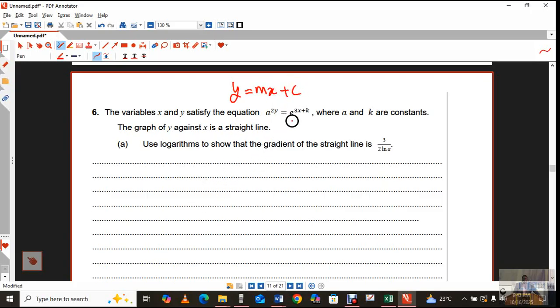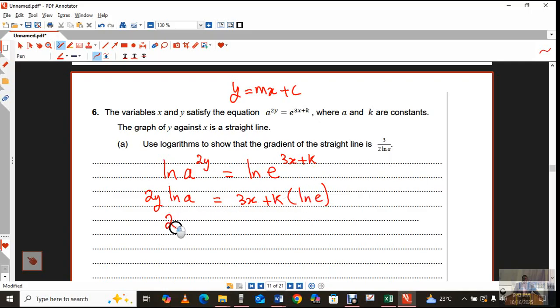Because I have an e here, I'm going to take the natural log of both sides. So that's the natural log of a to the 2y is equal to the natural log of e to the 3x plus k. Then I'm going to have 2y times the natural log of a is equal to 3x plus k, and the natural log of e becomes redundant because it's just 1.